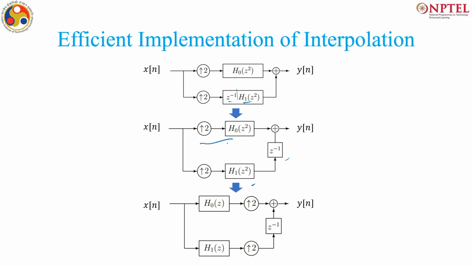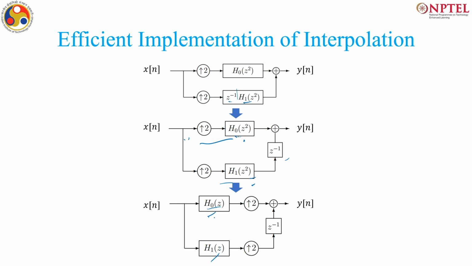And now with this I can implement the noble identities, which says that if I can bring this h before, and this h is a function of z squared, if it comes before the upsampler, it becomes a function h of z, and same for here, and this was the whole purpose.